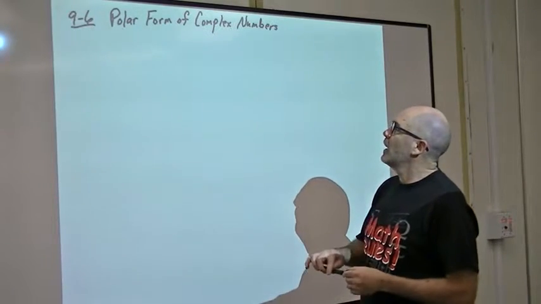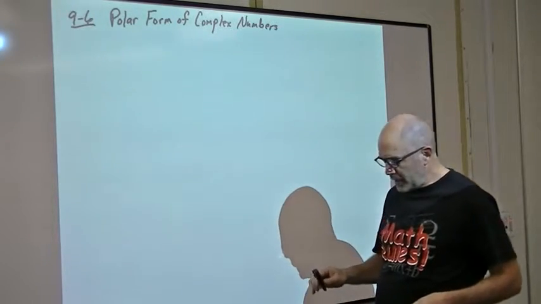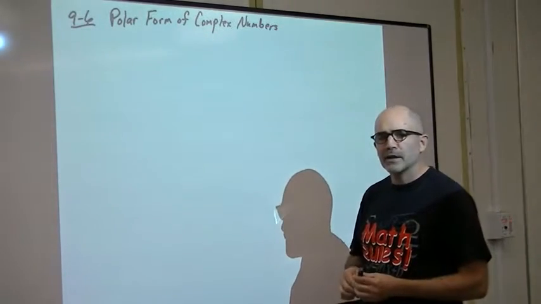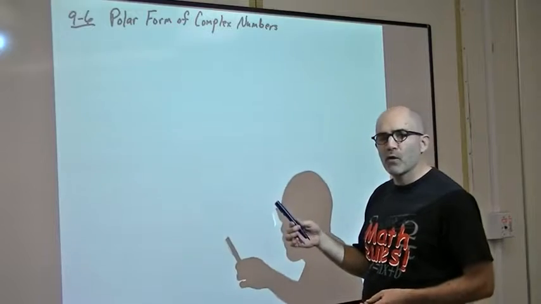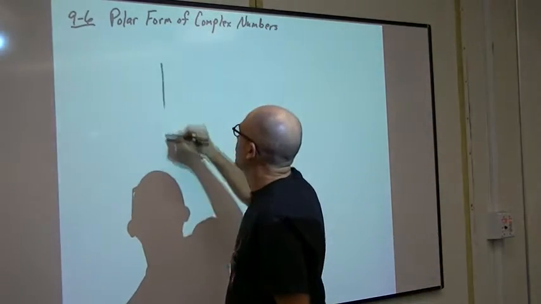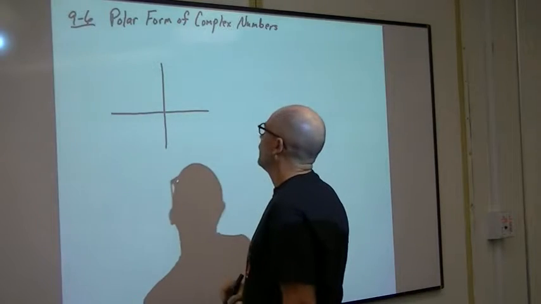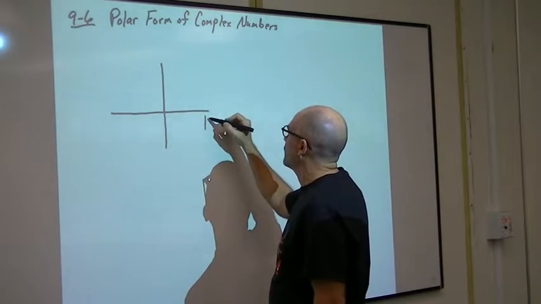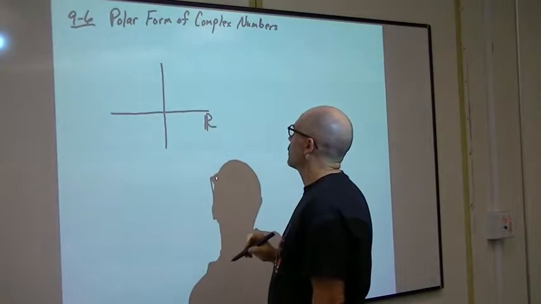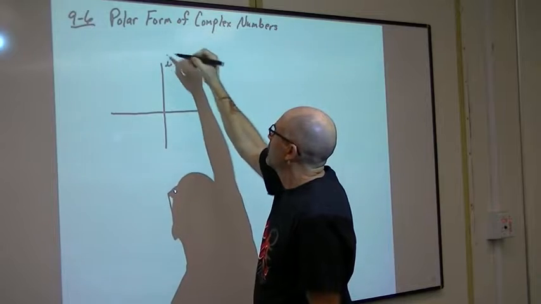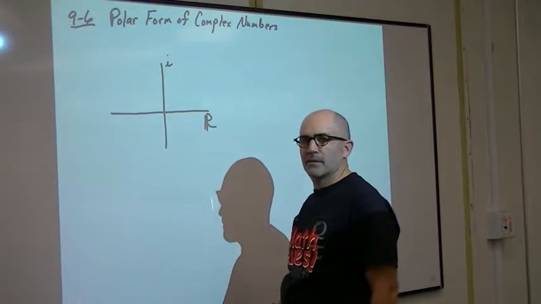So, you know what complex numbers are, and you know what polar form is. Now we're going to have polar form of complex numbers. What this means is we've got a coordinate system where the horizontal axis is the real numbers and the vertical axis is the imaginary numbers.